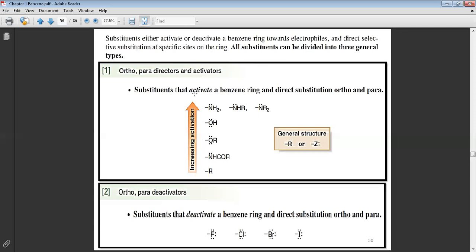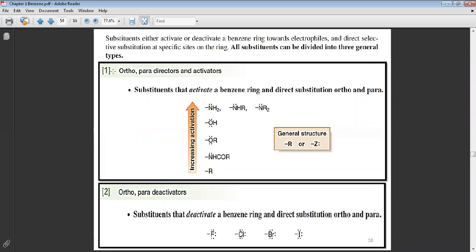That means the new group will be substituted on the benzene ring in special positions: ortho, meta, and para. Now all substituents can be divided into three general types, three big families.